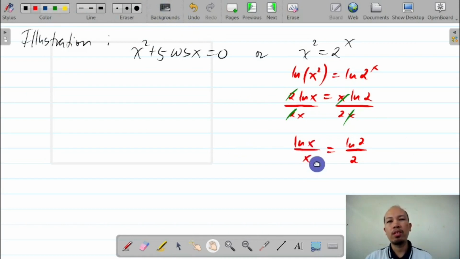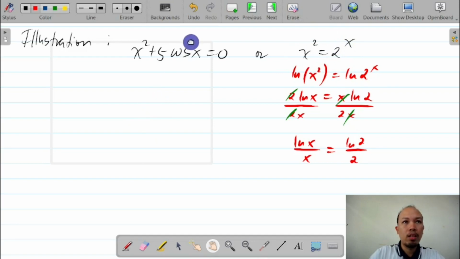This equation can be solved using, I guess, Lambert functions. Anyway, just research on how to solve this equation. How about x squared plus 5 cosine x?